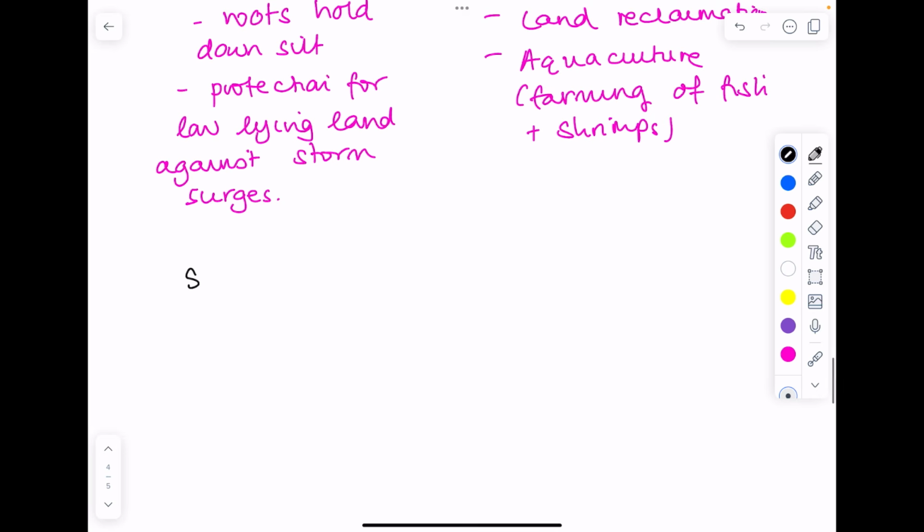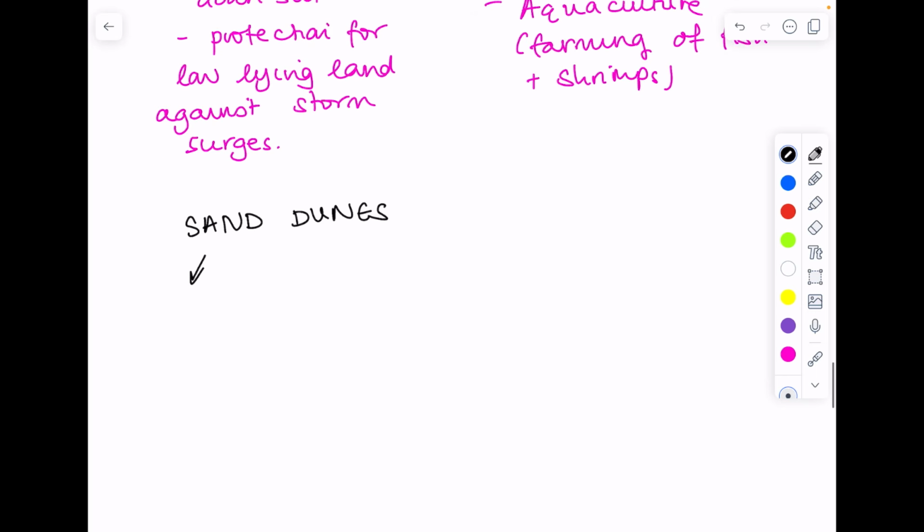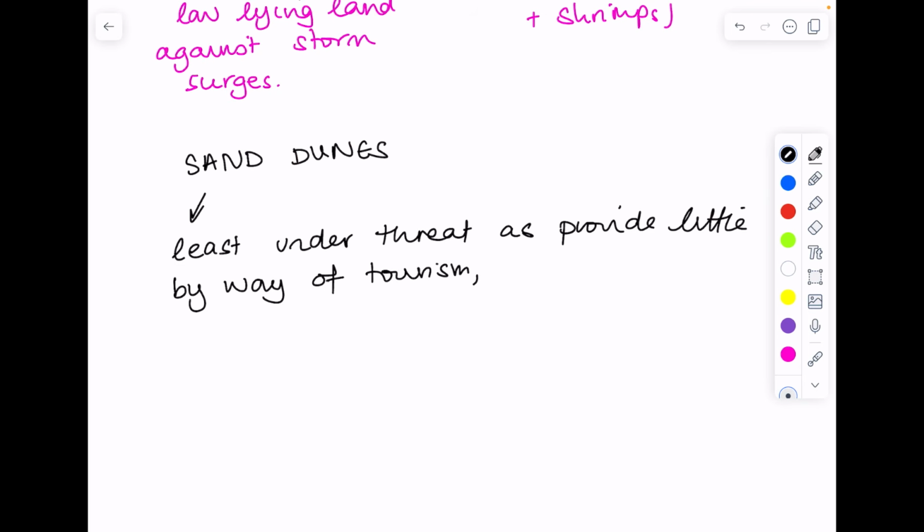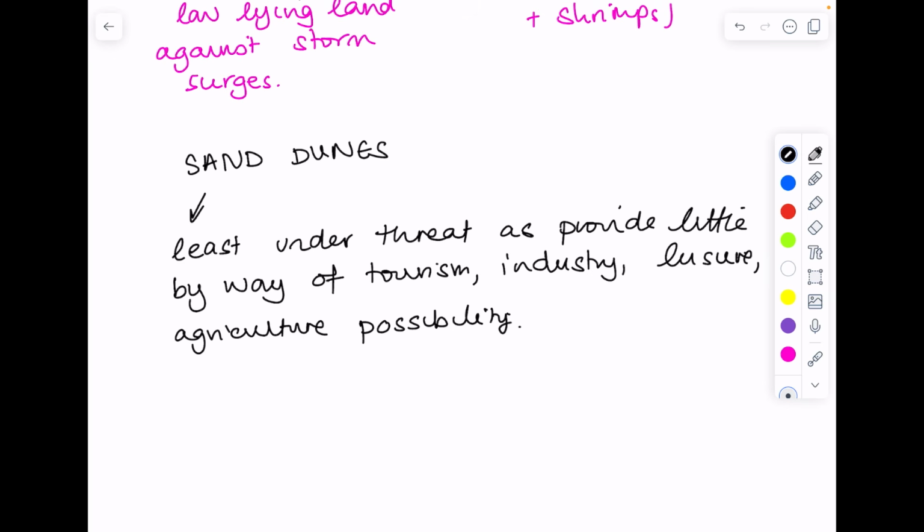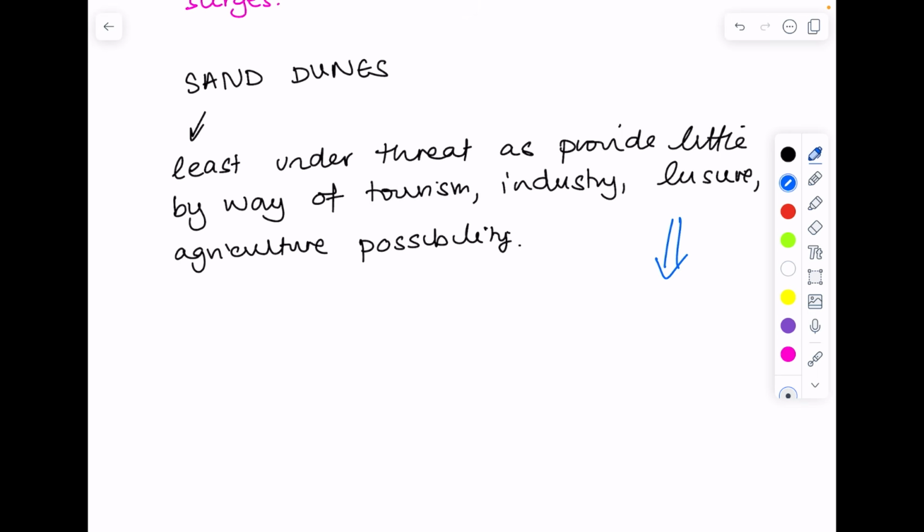Now we take sand dunes and potential conflicts. These are likely to be the least threatened because they offer little by way of leisure, tourism, industry and agricultural possibility. So least under threat. There's one way in which they could be used for leisure activity.